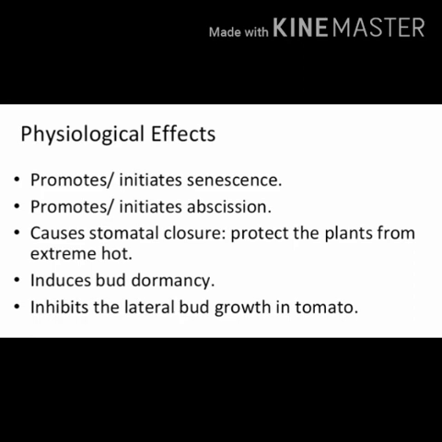Stomatal closure means the stomata, which are the minute pores present in the uppermost layer of the leaves, that is, in the epidermal layer of the leaves, will close when the climate is too hot. This is happening due to the presence of abscisic acid, and abscisic acid causes this stomatal closure to tolerate the stress. Then it induces bud dormancy.